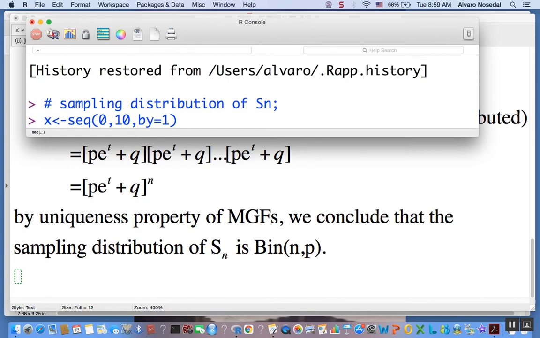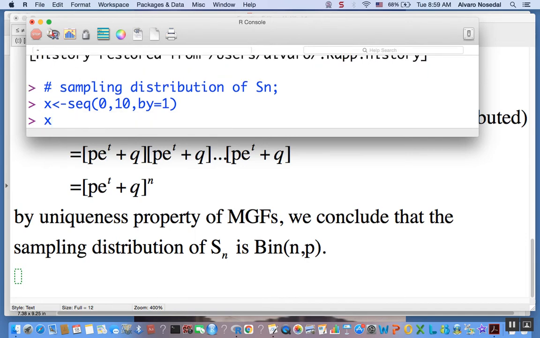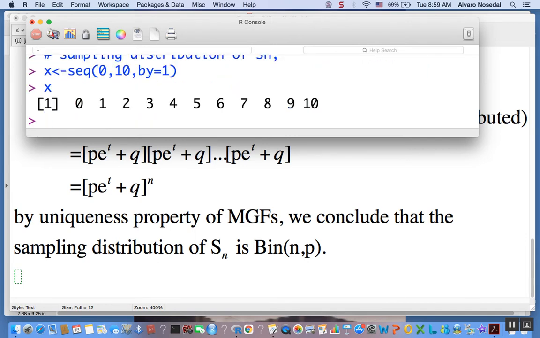So let's think in terms of a fair die. The probability of rolling a 6 could be different if that die was not fair, but let's think in terms of a fair die. Anyway, let me show you. X is what we want it to be: 0, 1, 2, 3, and so on.